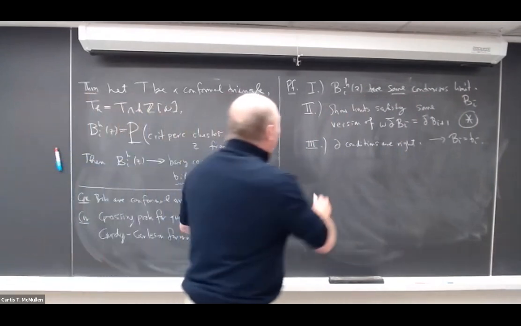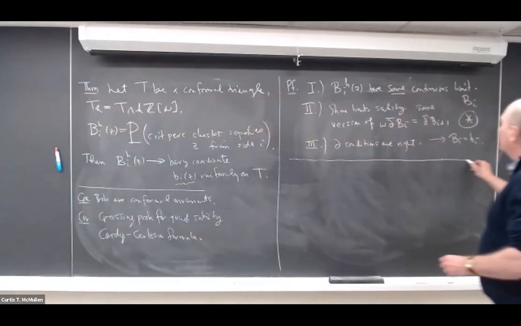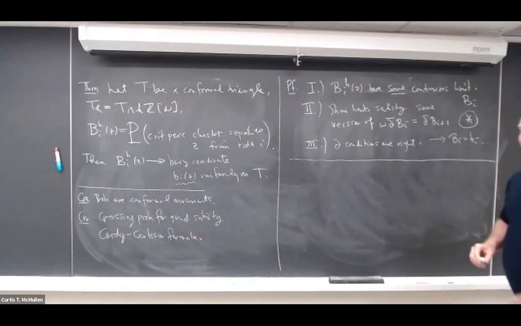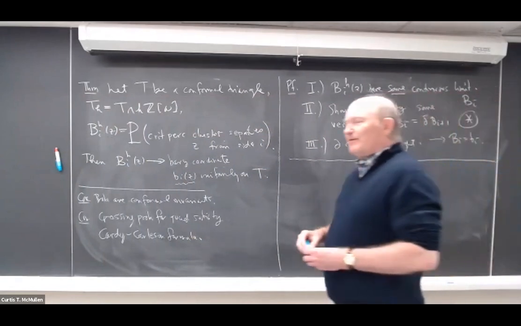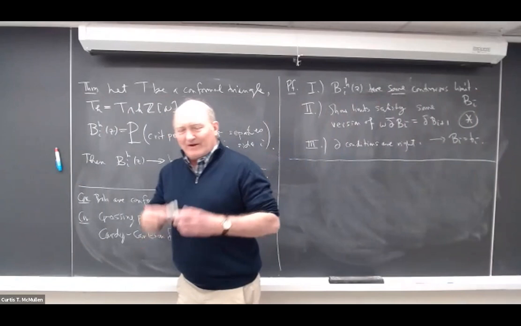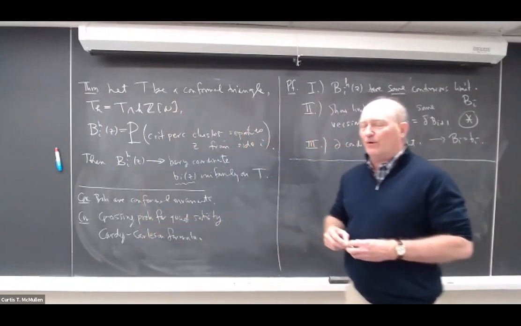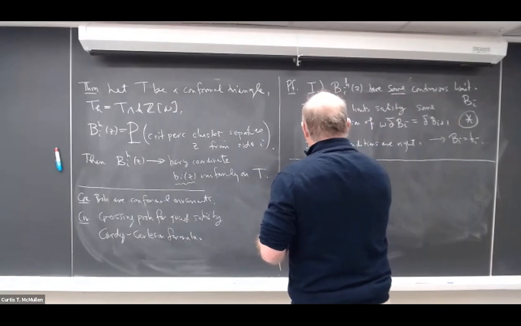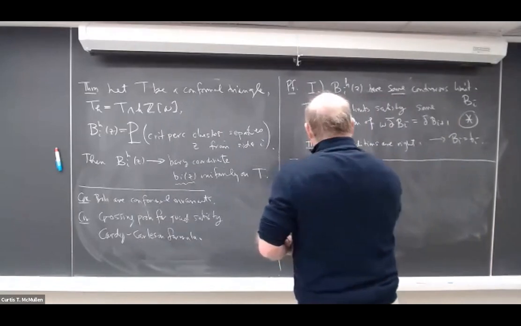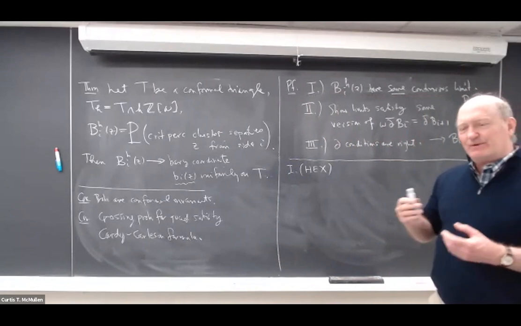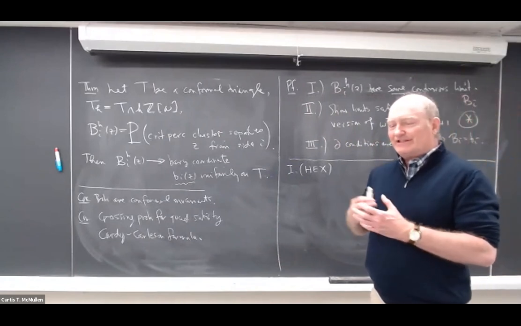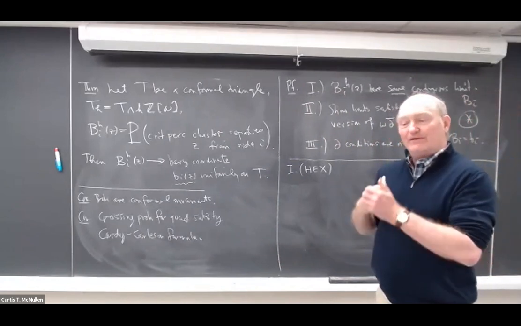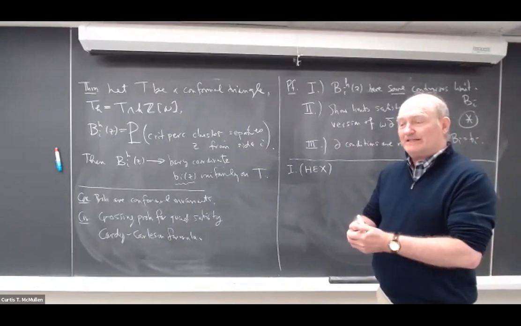Okay, so let's jump into the proof of the first statement. The proof of this statement is where the game of hex really comes to the fore. So one is really closely related to hex. And it gives you an idea of the state of the art of this theory before Smirnov proved these theorems.